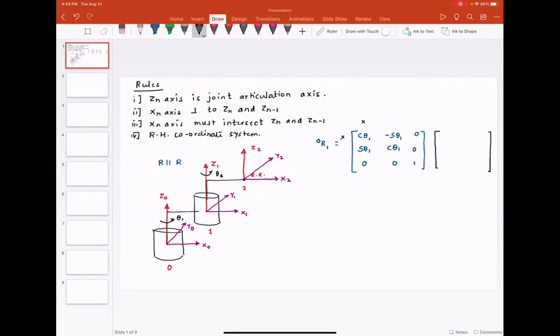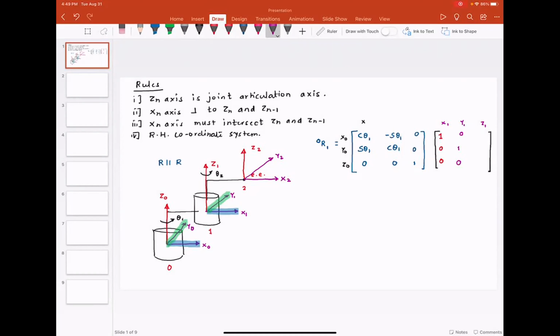Now, so I'm gonna write this down here. This is x naught, this is y naught, and I want to add x1, y1, z1. So I want you to look at x1. X1 is parallel to x naught. So which means there is 1 here, 0, 0. Y1 is parallel to y naught, which means 0, 1, 0.